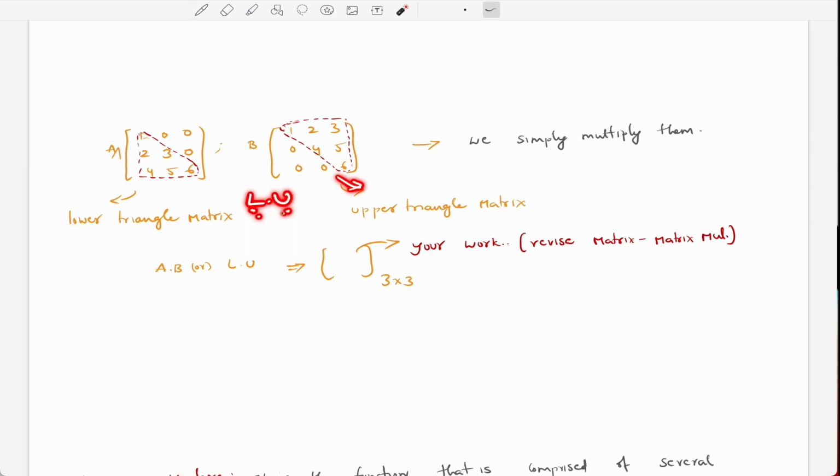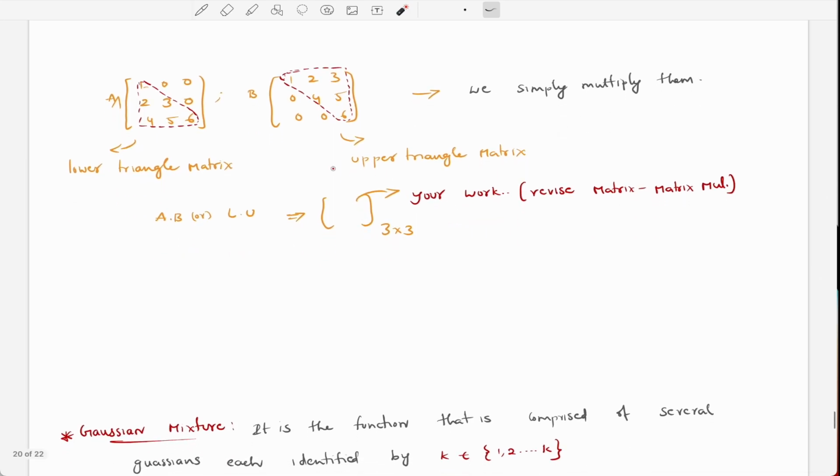Then we get an output as a 3 by 3 matrix. So this is your work. Revise matrix multiplication and you're going to get your answer.